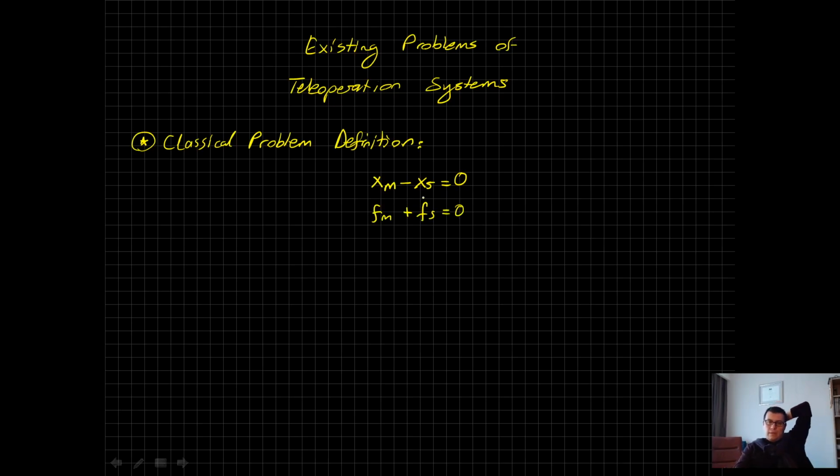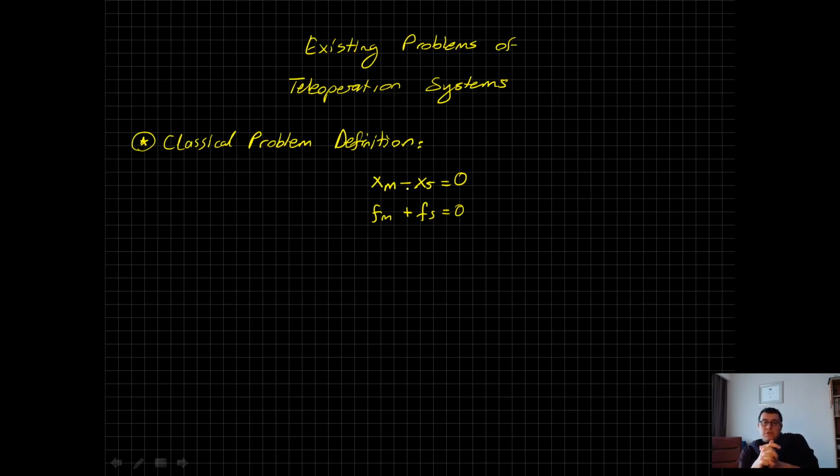So the meaning of those two equations are, from the first equation we can understand the first objective. Master position and slave position differences should be equal to 0. This means that whatever position reference is enforced on the master system should be one-to-one copied or replicated in the slave side without any errors. So that's the problem definition. I mean, in the ideal scenario, we would like to achieve this.